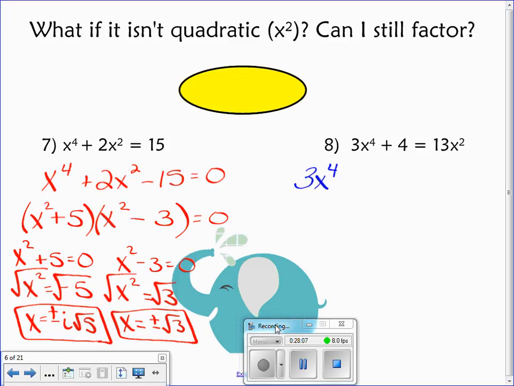All right, so 3x to the 4th, we need to move this over. Minus 13x squared plus 4 equals 0. Is there a GCF? There is not. Nothing goes into all of them. I can't take an x out because they don't all have x's. All right, so let's, what are your signs?